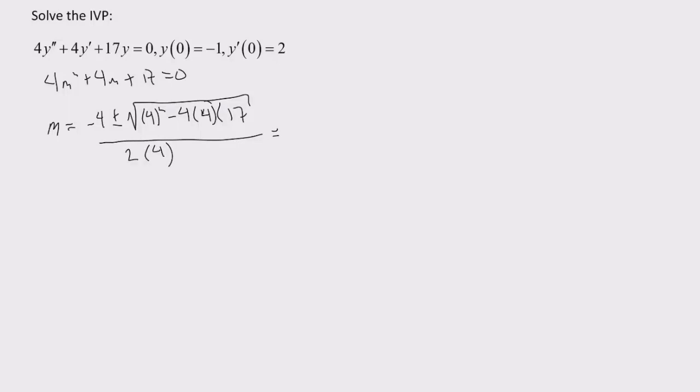And if we work that out, so that's going to give me -4 plus or minus the square root of -256 over 8, which is -1/2 plus or minus, let's see, square root of 256, so that's 16i over 8.